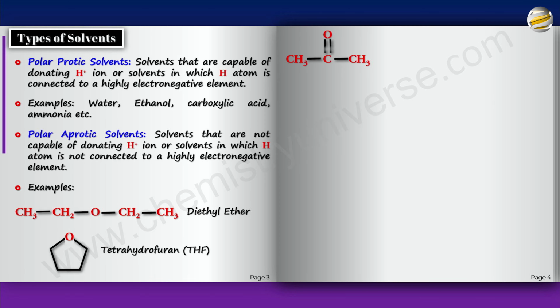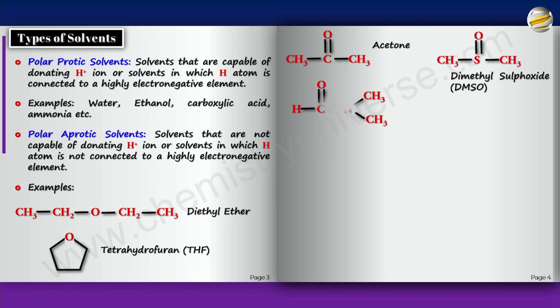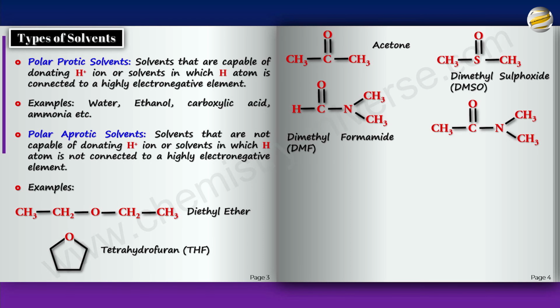Very commonly used solvent is acetone, again polar aprotic. You have dimethyl sulfoxide, also known as DMSO. You have dimethyl formamide, called DMF. You have dimethyl acetamide or DMA. You have dioxane, a cyclic diether.